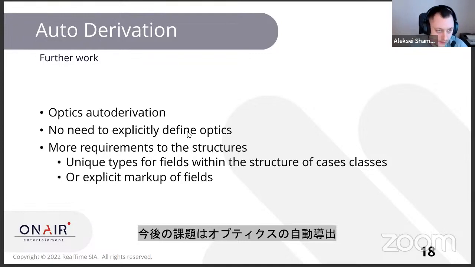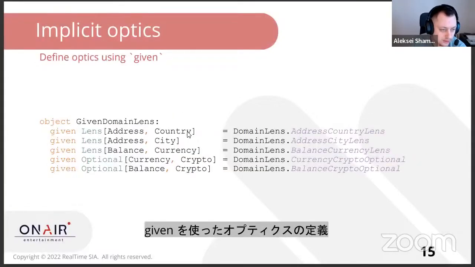So yeah, the last thing that I want to mention is that actually this approach, where we define our optics as implicits, might be unusual. So let's say in Monocle examples, in Monocle documentation, their optics are used only explicitly.